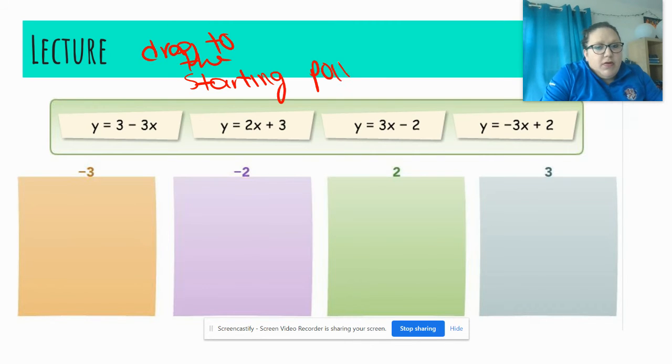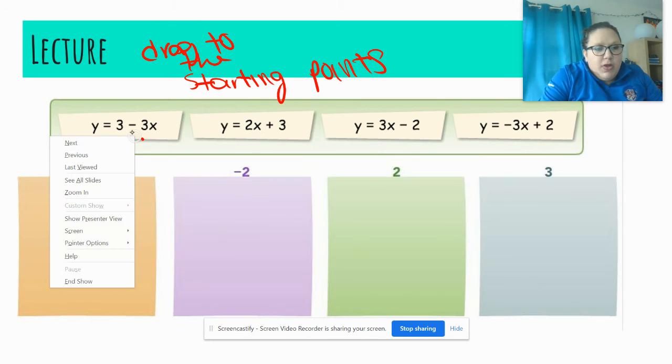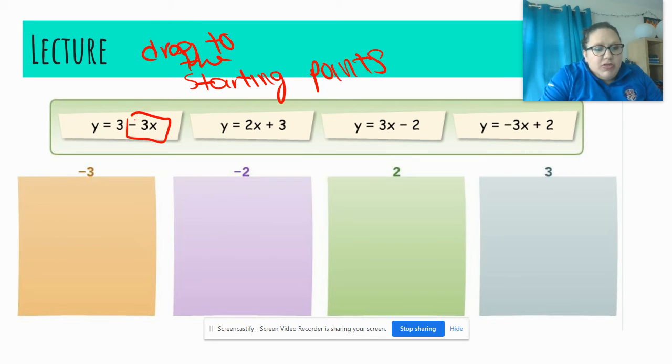Okay, so let's look at which equations have a starting point of -3, meaning that they have a constant of -3. I know what you guys might be thinking about this one here, but no. If I rearrange this, because it has to be mx plus b, if I take that -3 and bring it over here, that would actually be -3x plus 3.